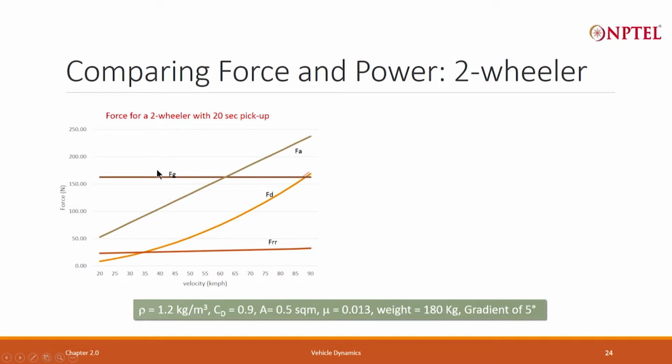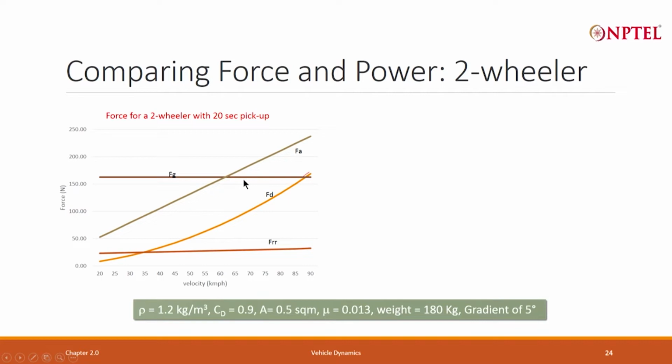If I look at the gradient force, I can forget about the rolling resistance and the drag till very high velocity. This is very, very dominant. Of course, this happens only on a slope.